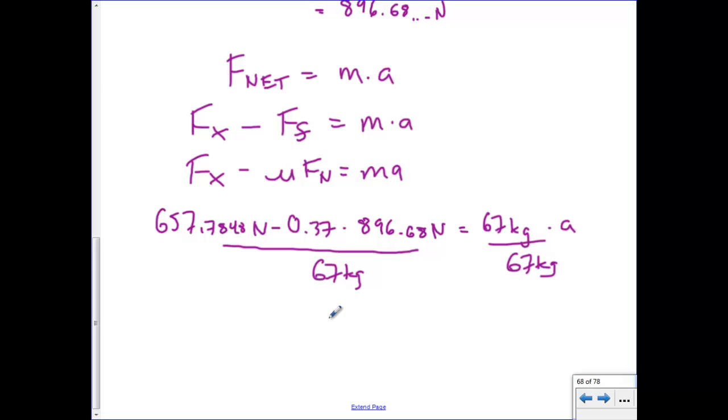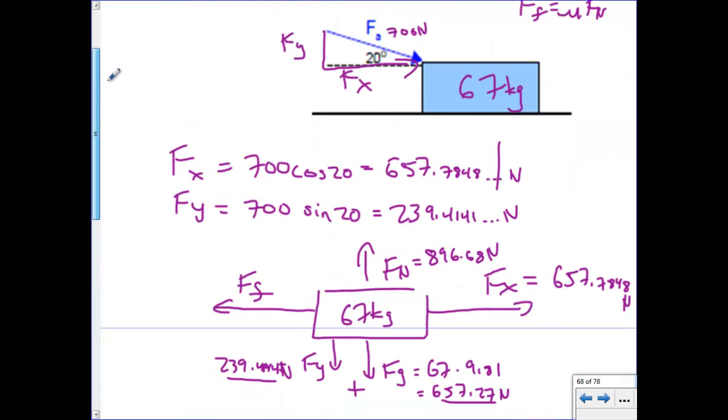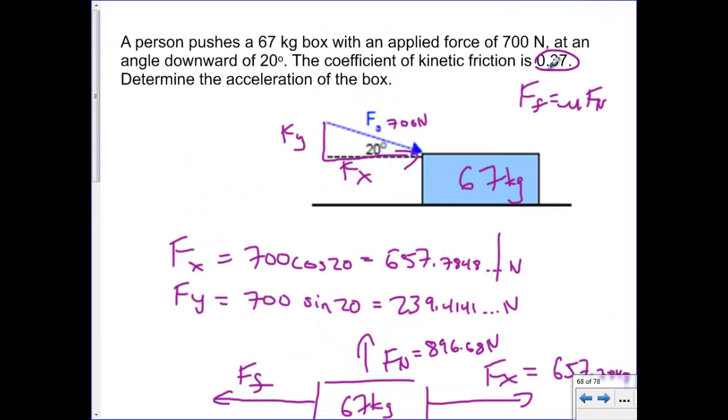So let me see if I can keep as many values here as I can. 657.7848346 minus 0.37 times 896.6841. And then divide by 67. I got 4.86. 0.37 was this mu value, the coefficient of friction, and that was given to us up here.